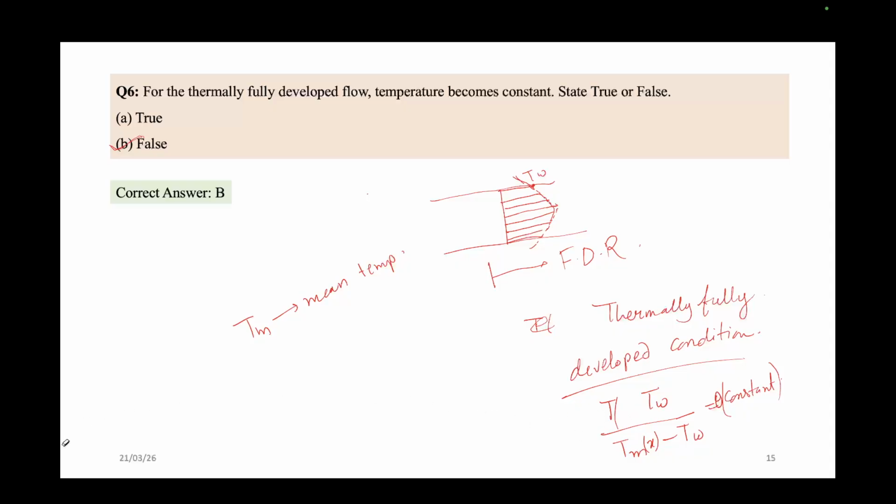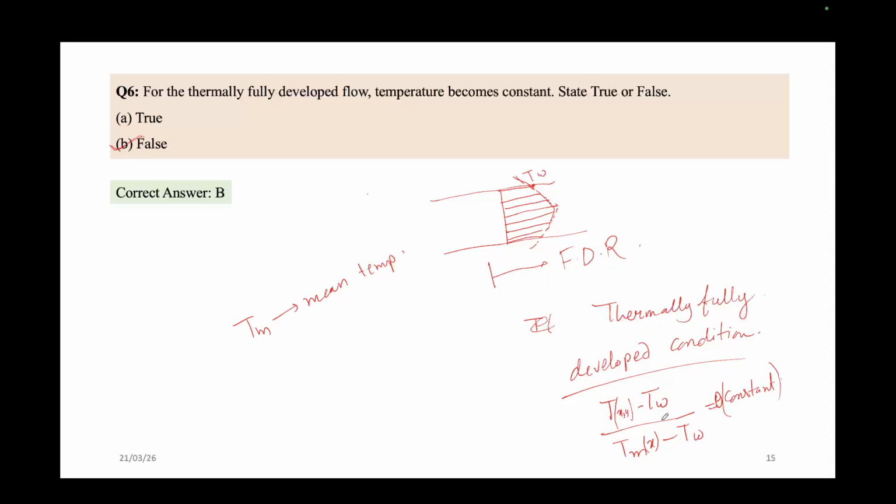But the ratio doesn't depend on x, because it is a ratio, so the dependency gets eliminated.